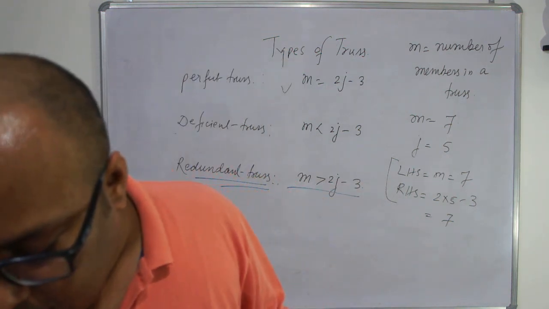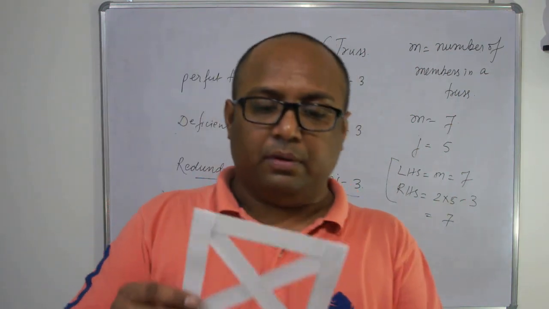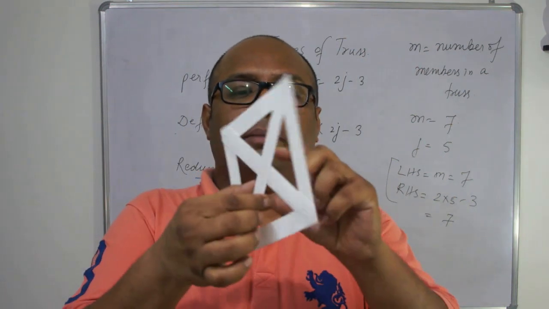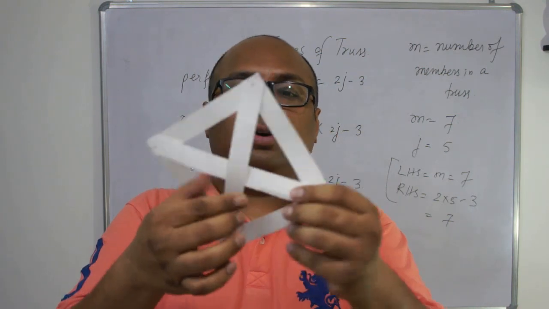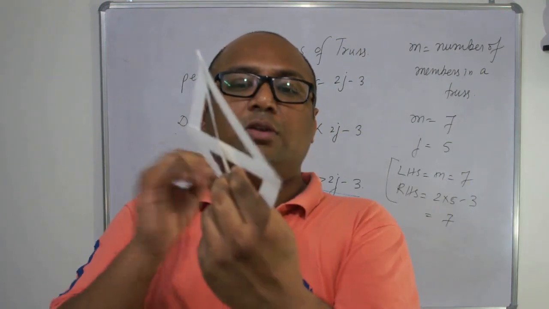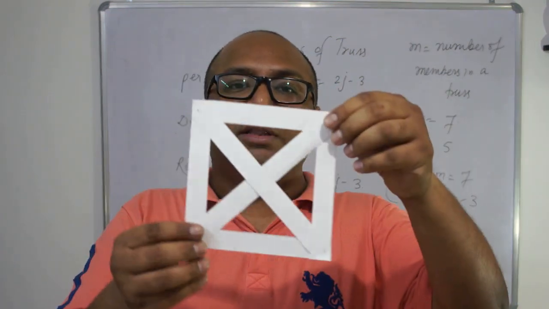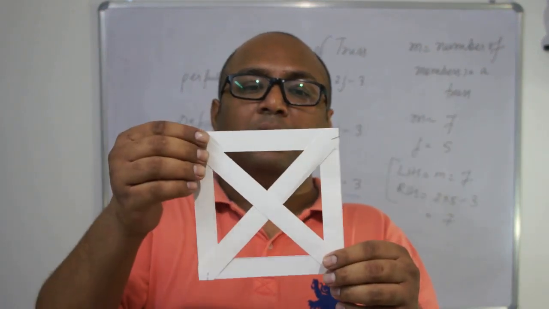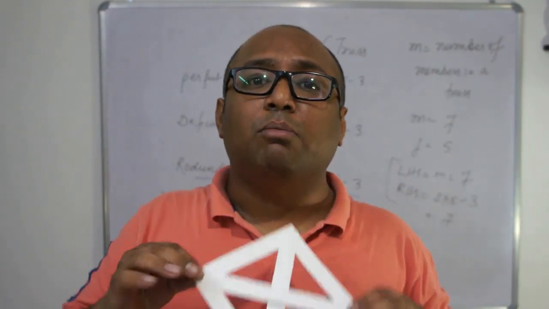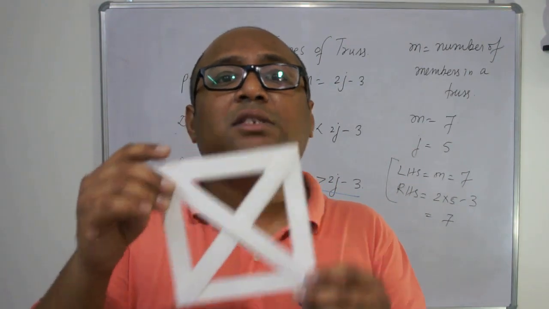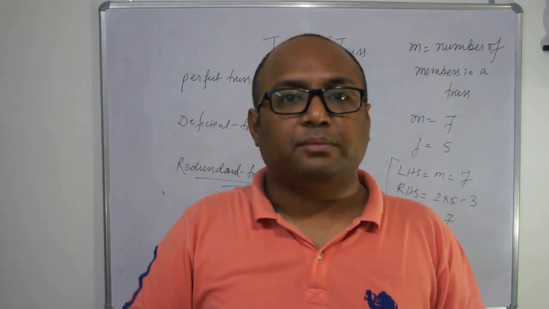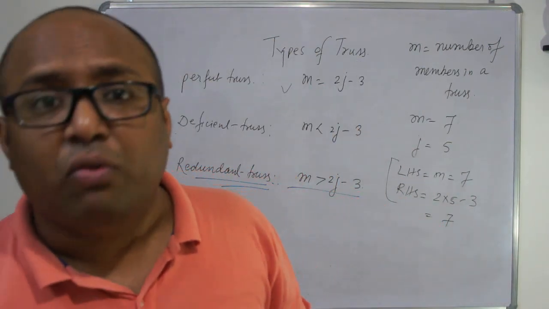So let me demonstrate this with another example. See, this member is not connected. Even though you can see a cross, it is not connected, it's free. So now in this kind of truss, what is happening? The number of members is more than required. It is over constrained, over rigid. Is that okay? It is over rigid.